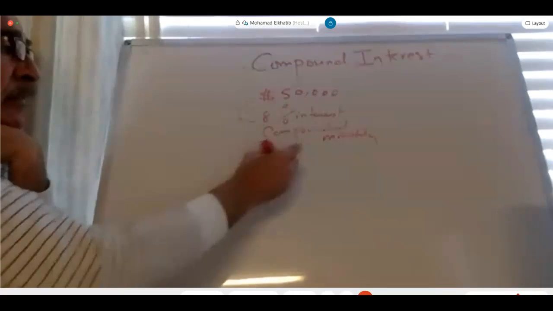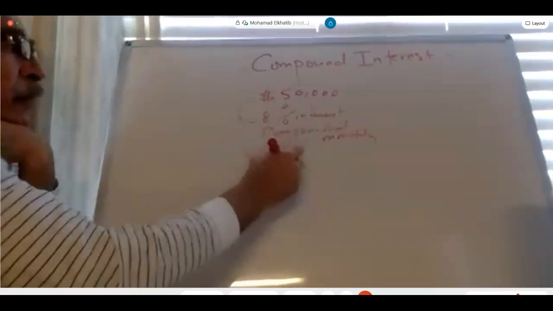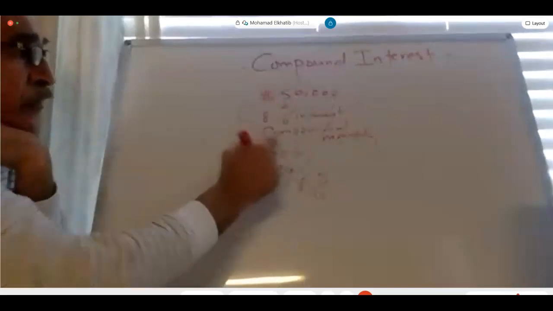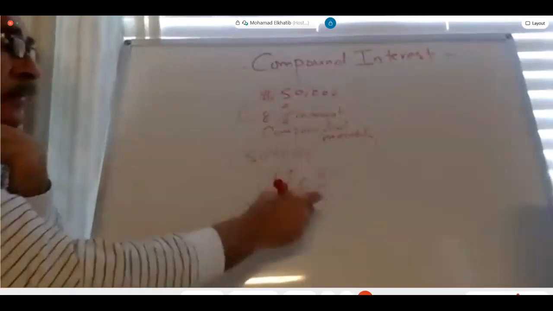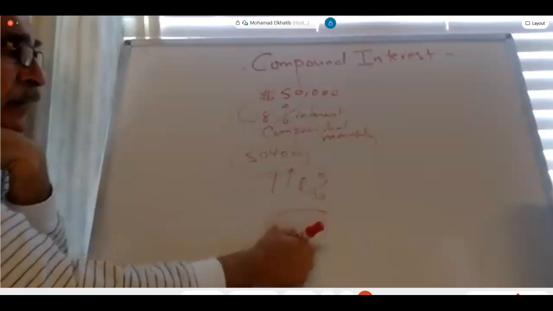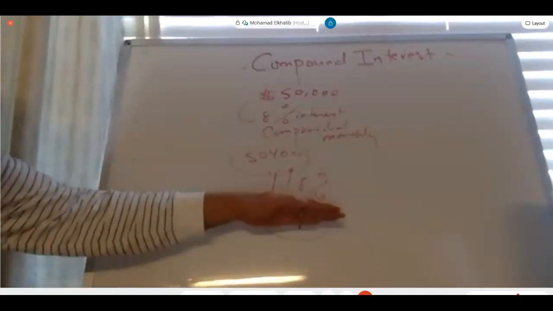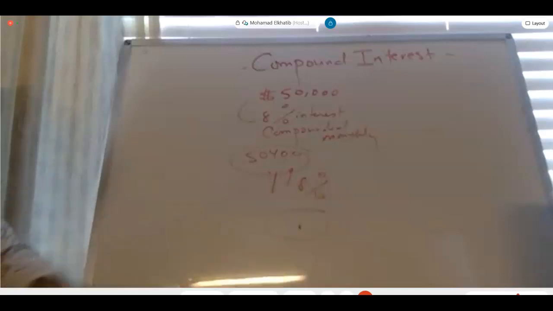Then the second month, I pay what? 8%, not on the original one, I get 8% of this one, because it's compounded monthly. Then the following months, I pay 8% of what? Whatever is new. So every month I pay interest on the amount that I owe. So you're paying really a lot more interest than with simple interest. Why? Because they are calculating the interest every month, not out of the whole year. That's why it's called compounded.